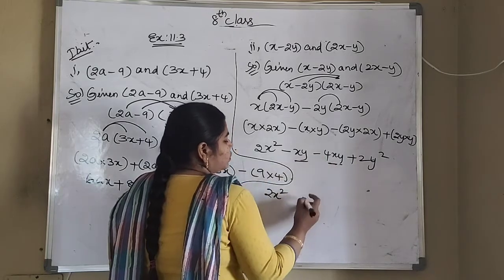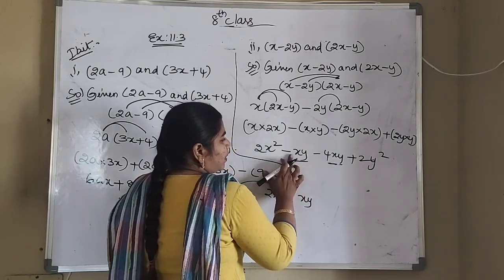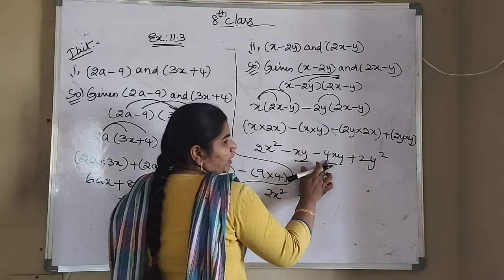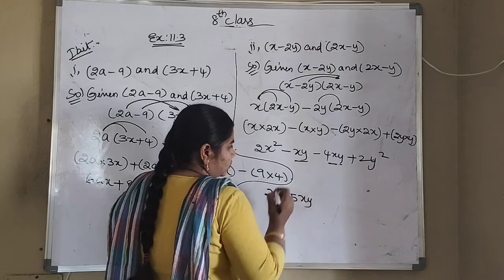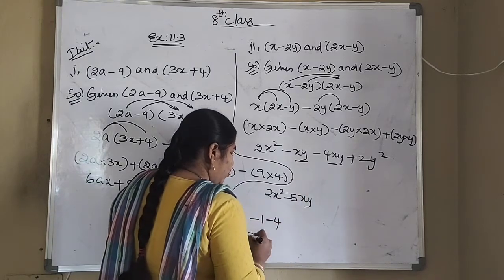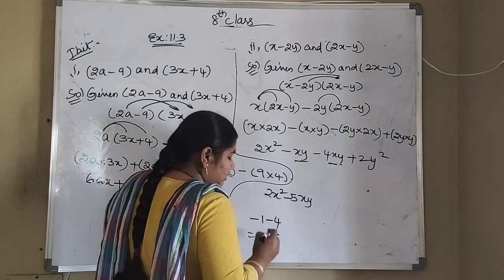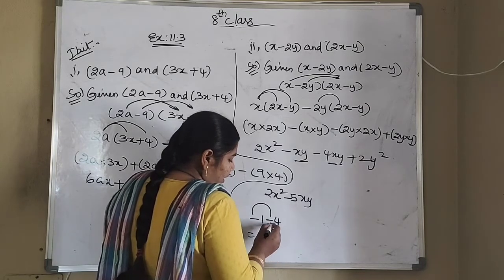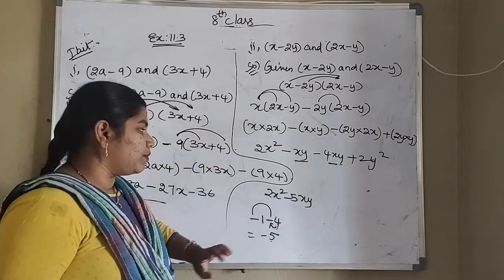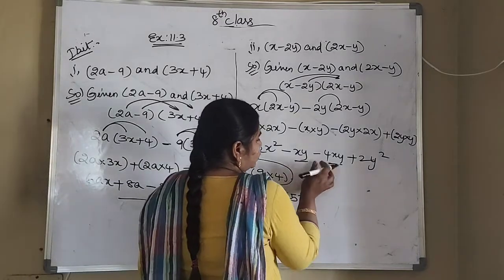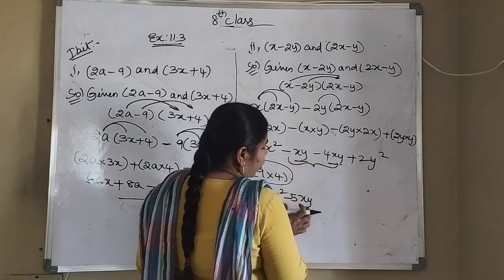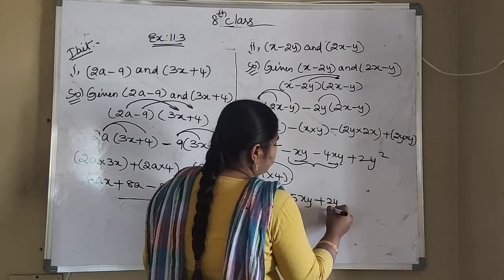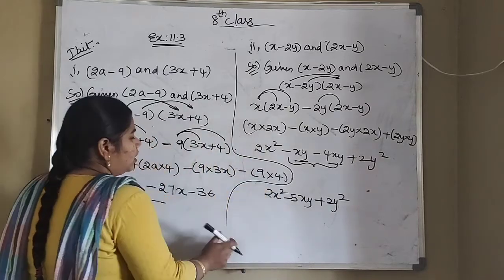Then xy, so this is minus 1 minus 4. Minus 1xy minus 4xy will be minus 5xy. Minus 1 minus 4 will be minus 5, because 4 plus 1 is 5, and the bigger number's sign is minus. So if you solve these two, you get minus 5xy. And the last term is plus 2y square. So this is our result.